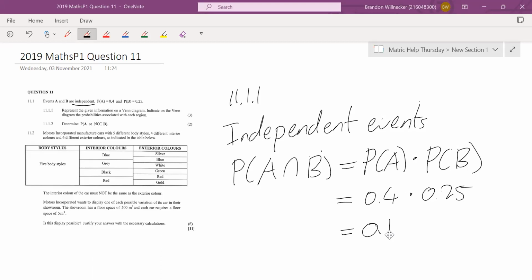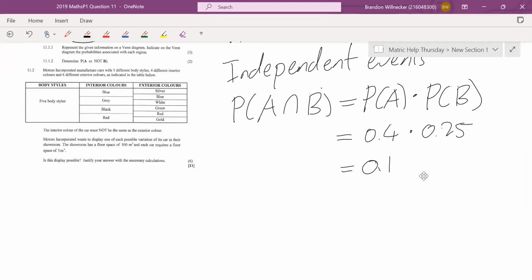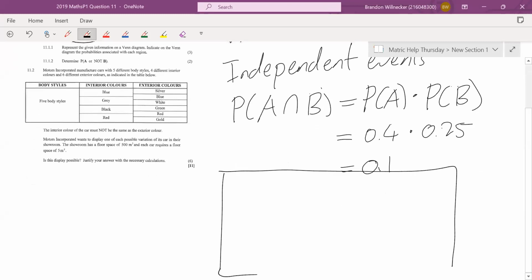Okay, so let's go through the question. Represent the given information on a Venn diagram. Okay, so that's the one with the overlapping circles. Indicate on the Venn diagram the probabilities associated with each region. So we're going to have 3 regions. We want to work out what is in each region. So we start off with the sample space.